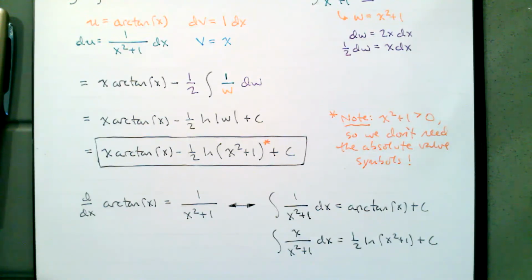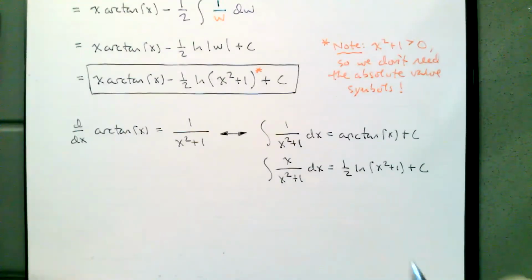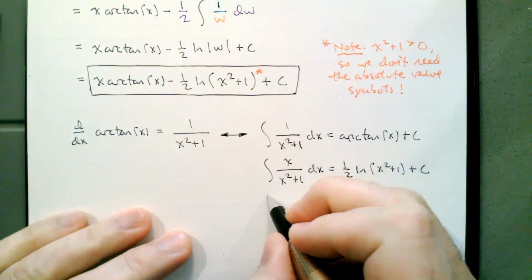So we started off, we have a constant over x squared plus 1 that gives us an arctangent. We have an x over x squared plus 1 that gives us a 1/2 natural log of the x squared plus 1. Let's think about what would happen if I raise the numerator 1 degree higher.